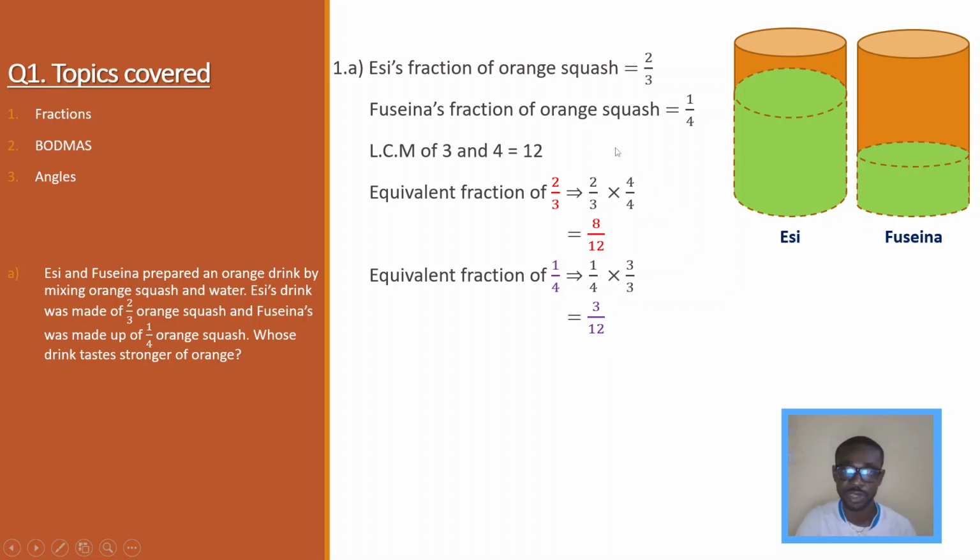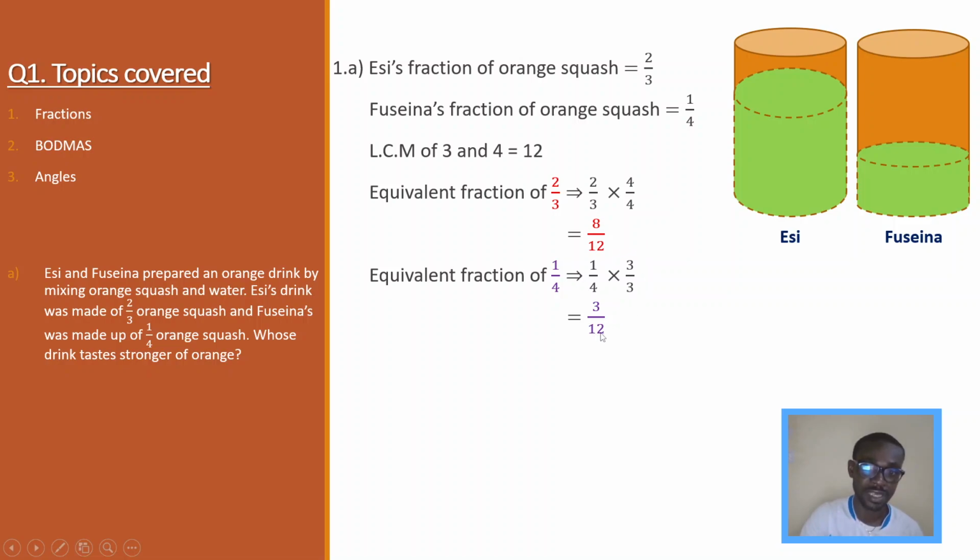That means we have expressed 2 over 3 and 1 over 4 in equivalent fractions that have a denominator of 12. 2 over 3, the equivalent fraction that we got was 8 over 12. And then 1 over 4, the equivalent fraction that we got was 3 over 12.